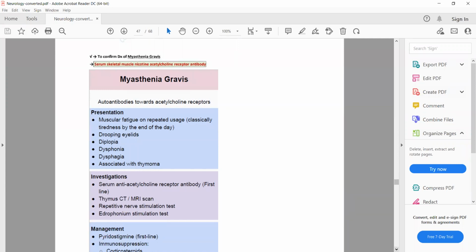Now, the thing you need to remember about Myasthenia gravis is that its presentation can be similar to Guillain-Barre syndrome. But in Guillain-Barre syndrome, there will be a history of upper respiratory tract infection or gastroenteritis, and there is sensory loss plus reduced reflexes.